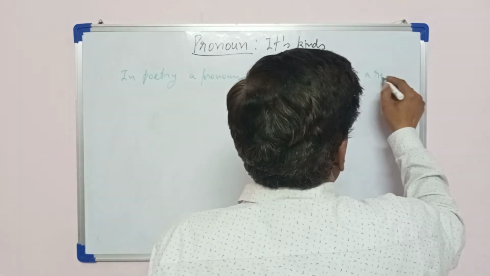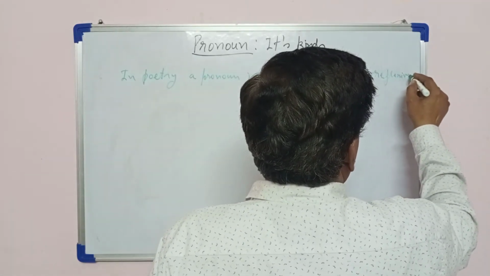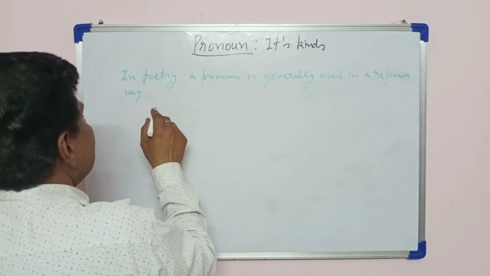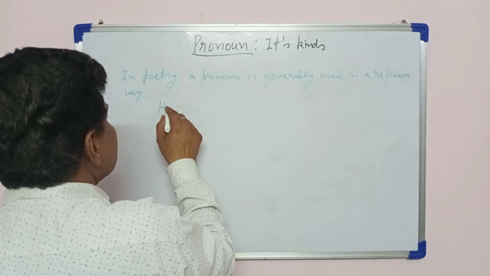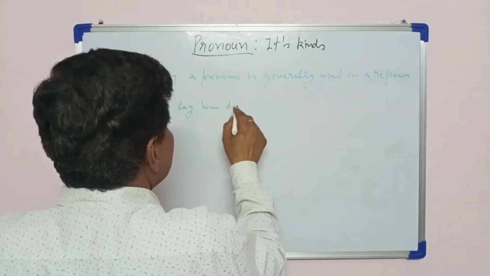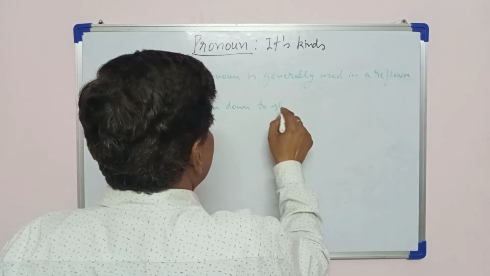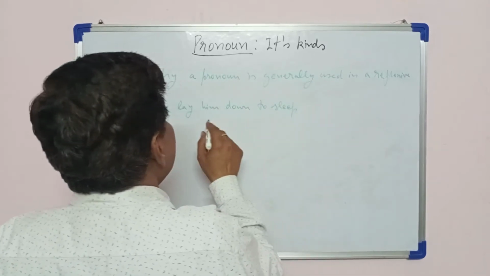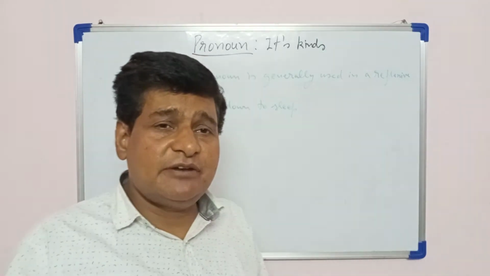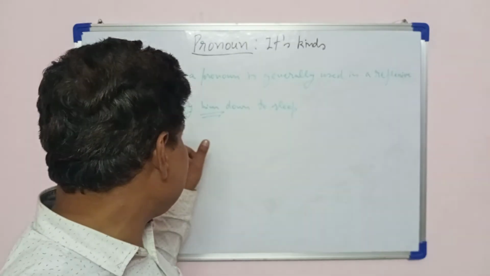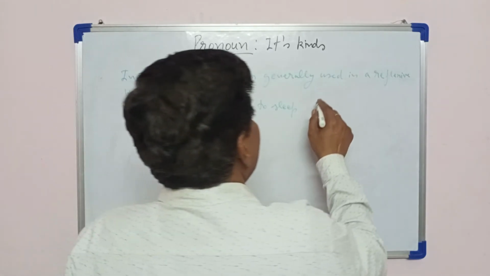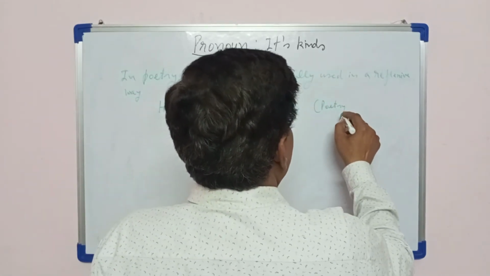Example, he lay him down to sleep. So here, him, which is a pronoun, is used in a reflexive way. Here, him means himself. He lay himself down to sleep, but it is used in poetry only. Okay.